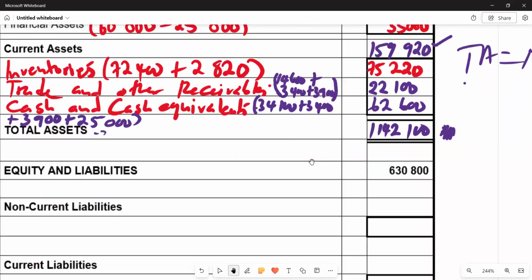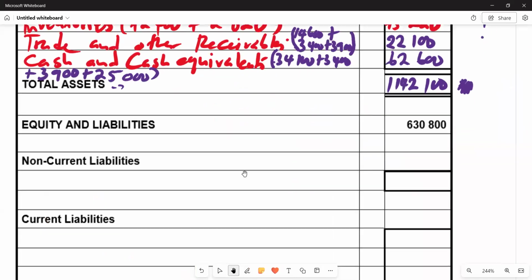Then we go to the equity and liability section, whereby you are given 630,000, 30,800. Let's try to see what that figure is meaning there.